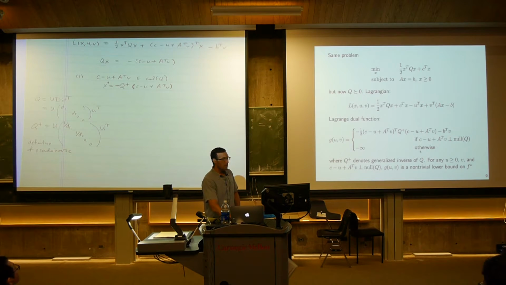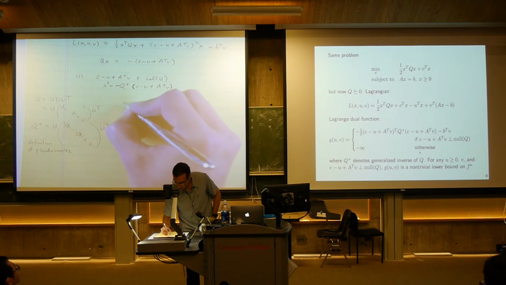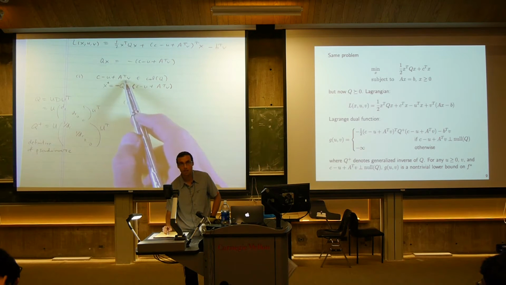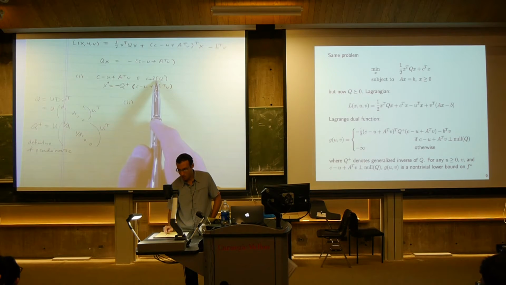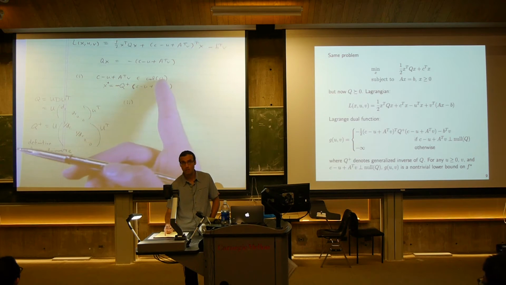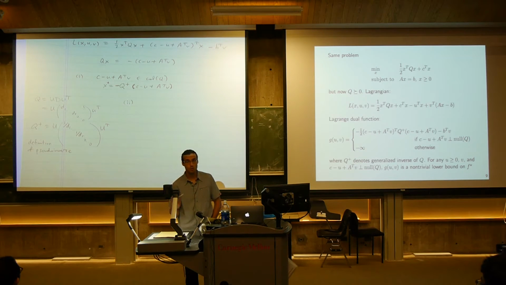But there's one other case we didn't consider: when this has some component that's not in the column space, some component in the space orthogonal to the column space, which is the null space. Because this matrix is symmetric, its column space and its null space are orthogonal complements.